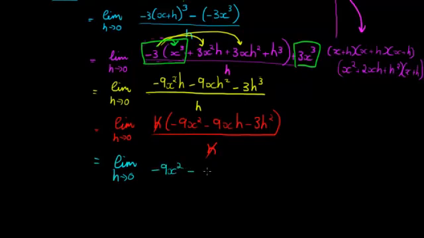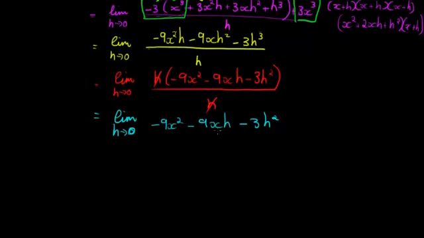But now we see that we don't have a denominator anymore, which means that I'm welcome to substitute h with anything I want to. In this case, it has to be 0 though. And that's even better because that makes this 9x times 0, so this will just cancel, and 0 squared is just 0, so that will also just cancel. So when I do substitute, my answer is simply negative 9x squared.